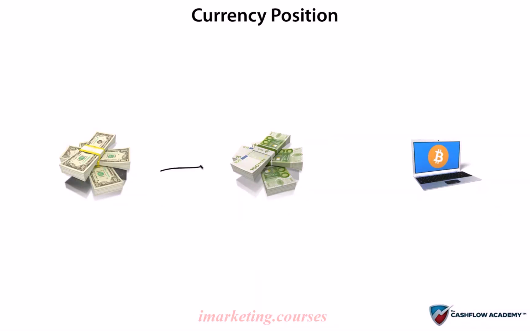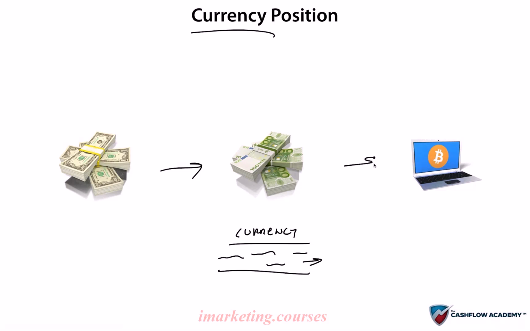Now maybe someone would rather be in euros, so this is still a currency position, right? It's still currency. And when you think of currency, you might even think of a river that's flowing. Because usually currency is designed not really as an investment, but as a medium of exchange, which leads us to Bitcoin and other cryptocurrencies.